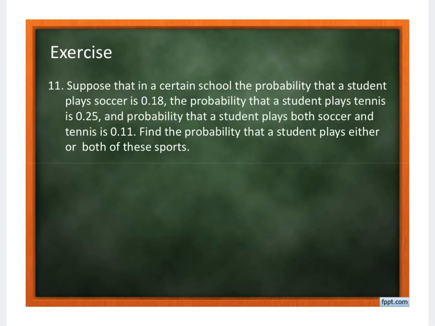Suppose that in a certain school, the probability that a student plays soccer is 0.18, the probability that a student plays tennis is 0.35, and the probability that a student plays both soccer and tennis is 0.11. Find the probability that the student plays either or both of these sports. If A is soccer, 0.18.